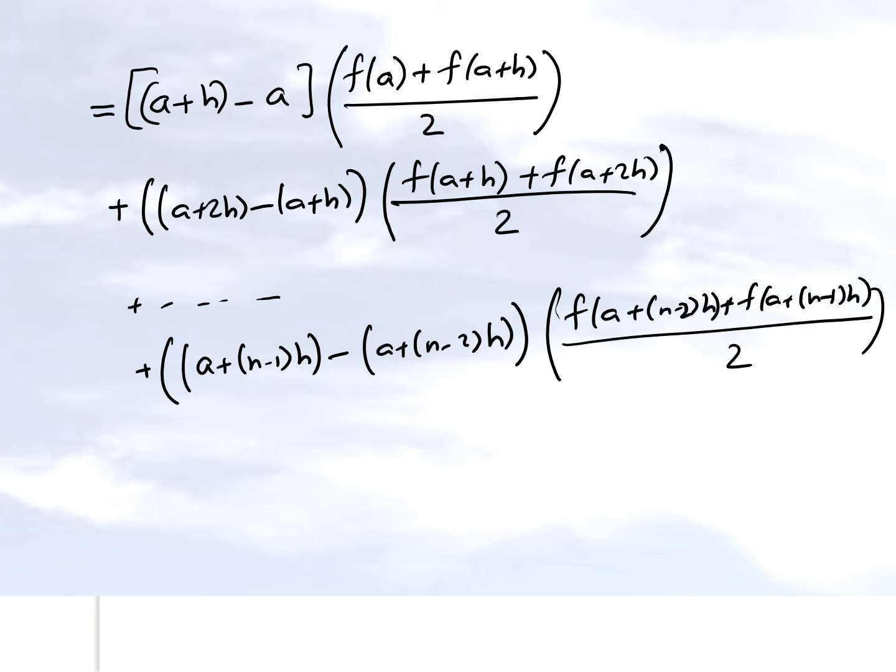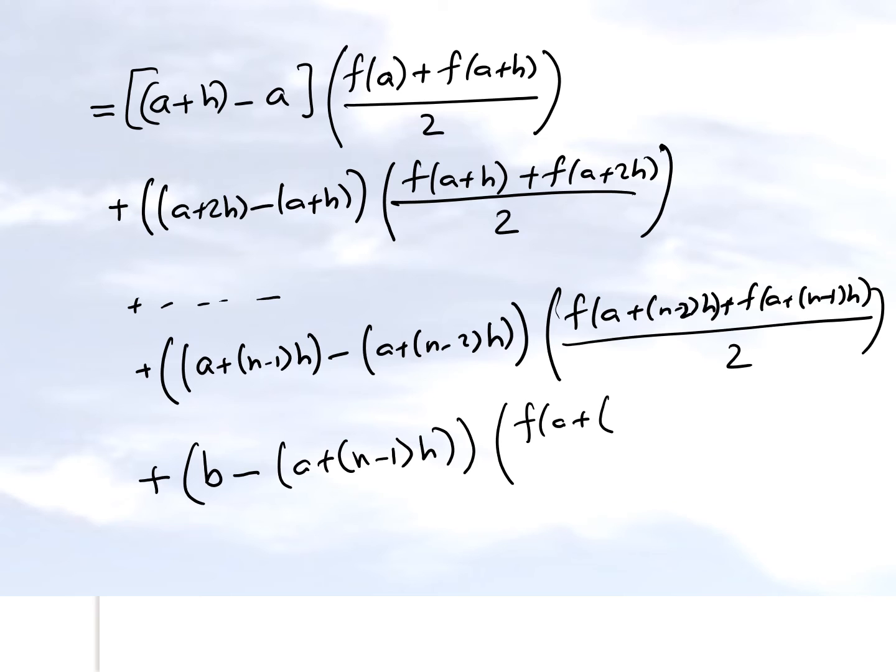And then the last integral will be the upper limit minus the lower limit, multiplied by the average value of the function at the lower limit and the upper limit. That's what you're going to get.